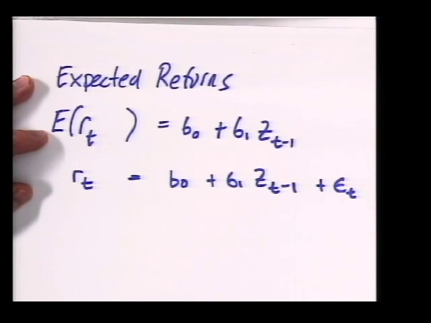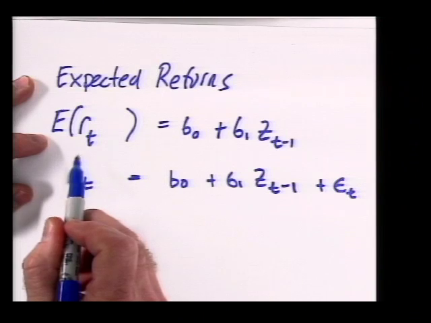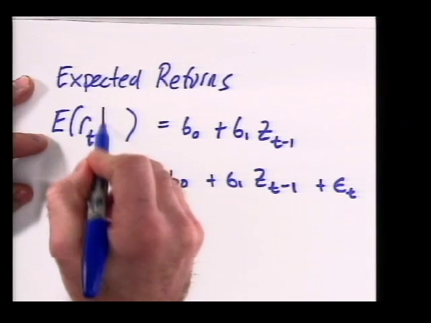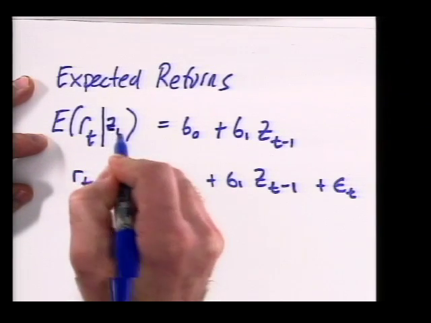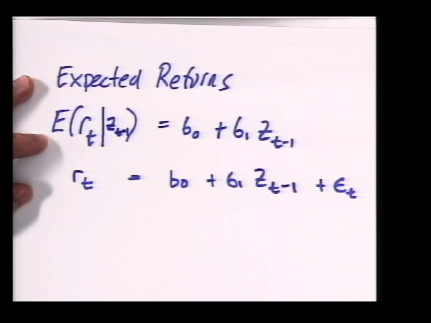Now, let me just introduce a little bit of notation here. Hopefully it's a simple notation. When I do expectation of R t, I'll sometimes put a line down here and say it's conditional on z t minus 1. So conditional upon the lag value of the term structure spread, I've got a forecast of R t.